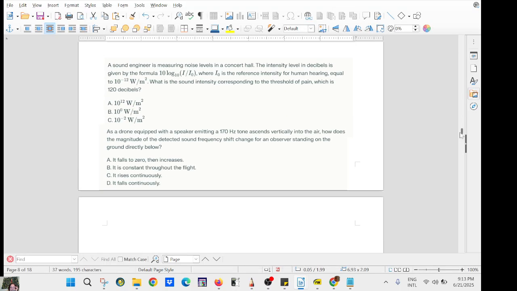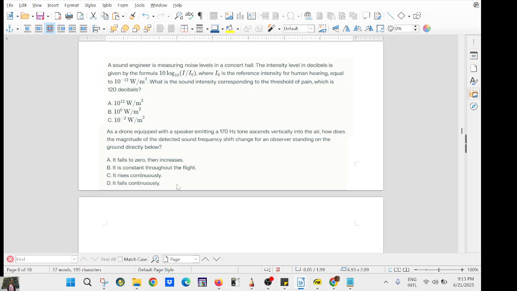Okay. So now something is going up and then it stops, and then it's coming back. I think the question was if you launch something in the air that emits a sound.